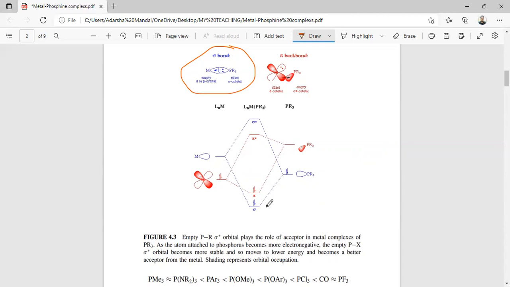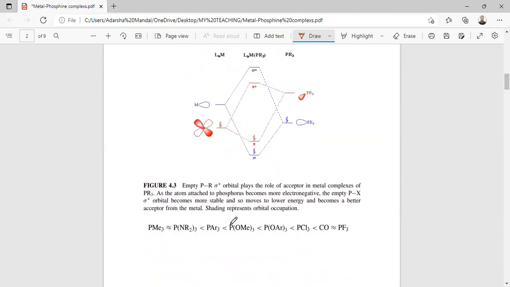That means when the R group in PR3 is more electronegative, it will stabilize the sigma star orbital of the P-R bond more, so that will accept more electron density from the metal center. That means the back donation is more when the R group is more electronegative.